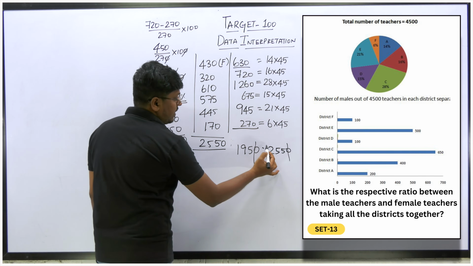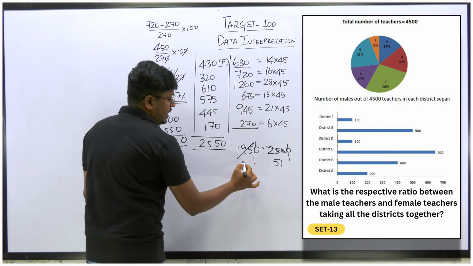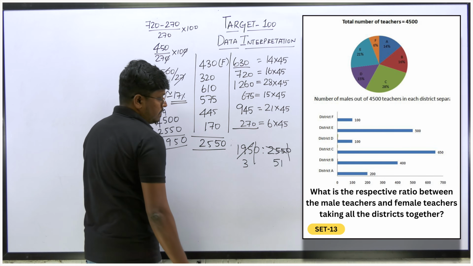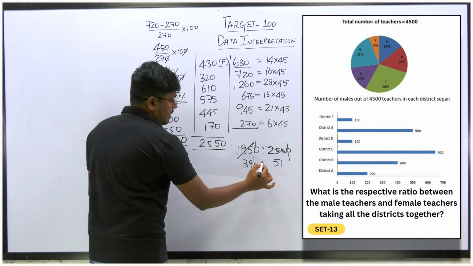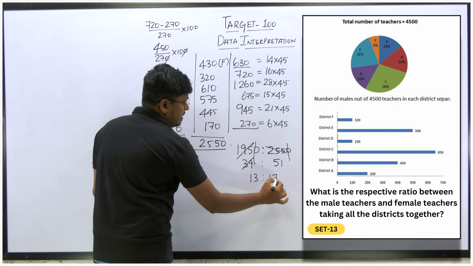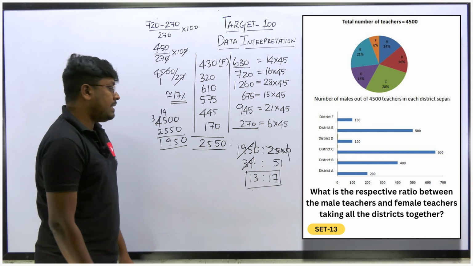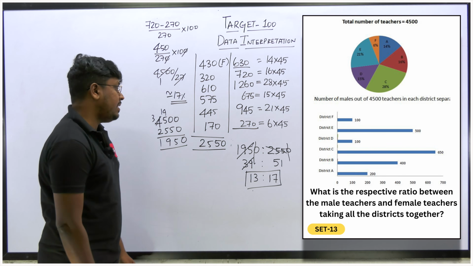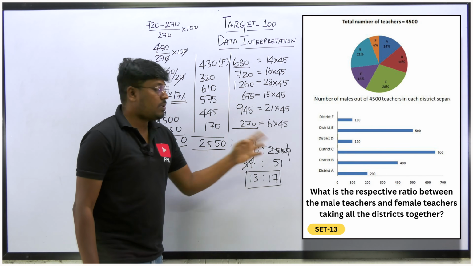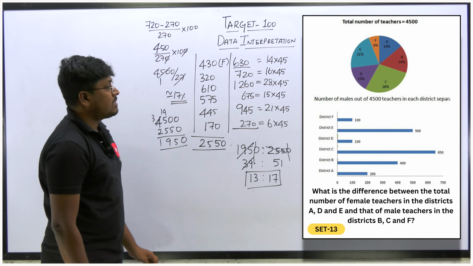We can cancel it on the 5 table: 5 5s are 25, 5 3s are 15, and then the 3 table: 13 and 17. So the ratio will be 13:17, the ratio of total males in all the districts to total females in all the districts, right? So next question.